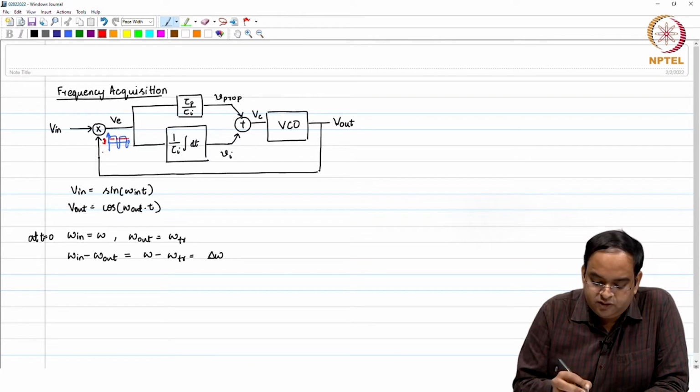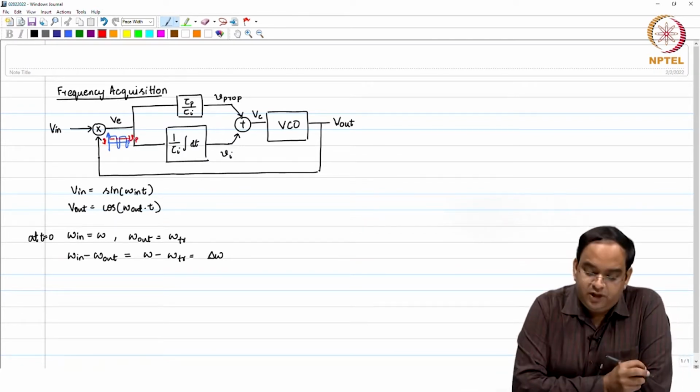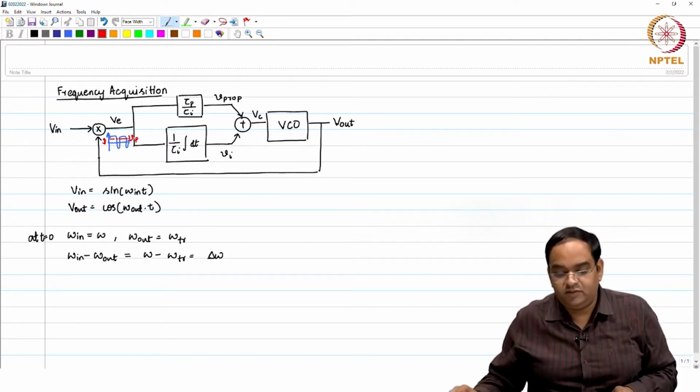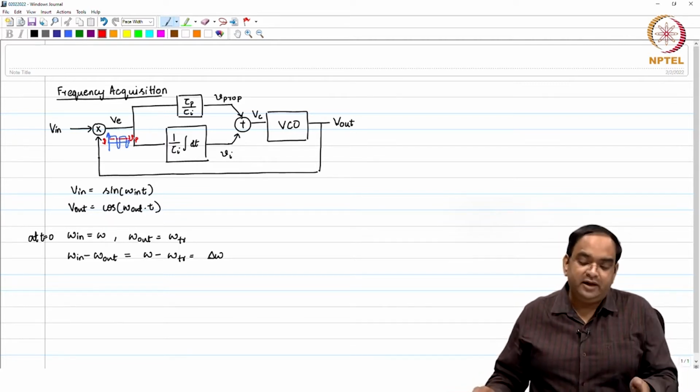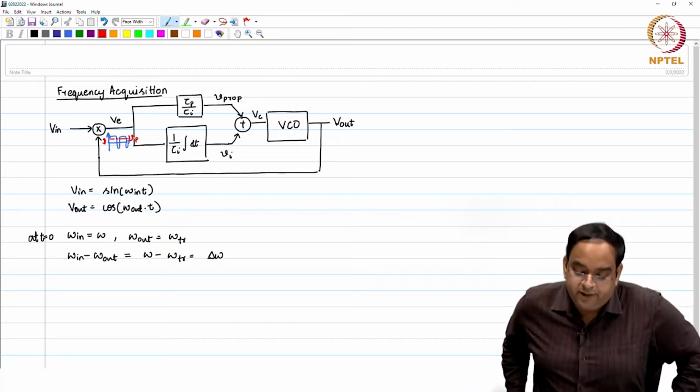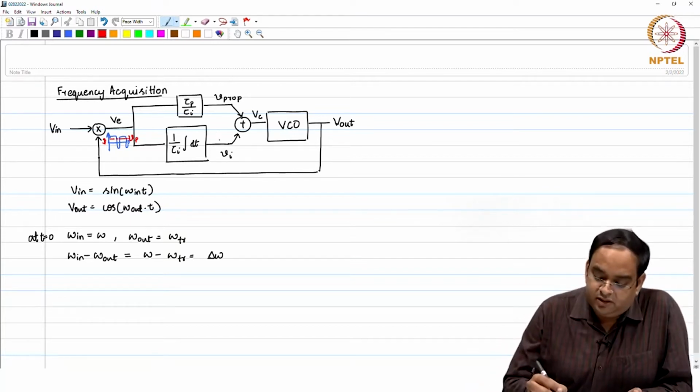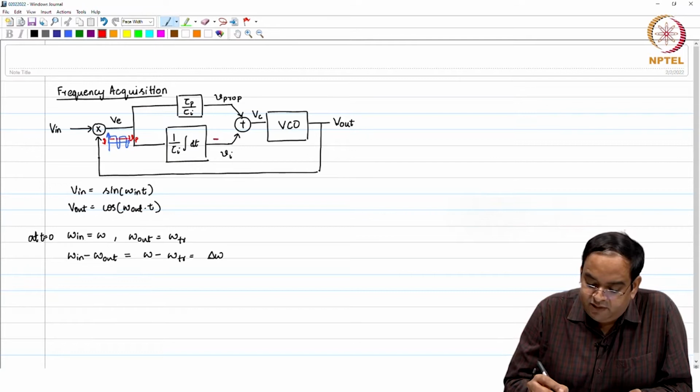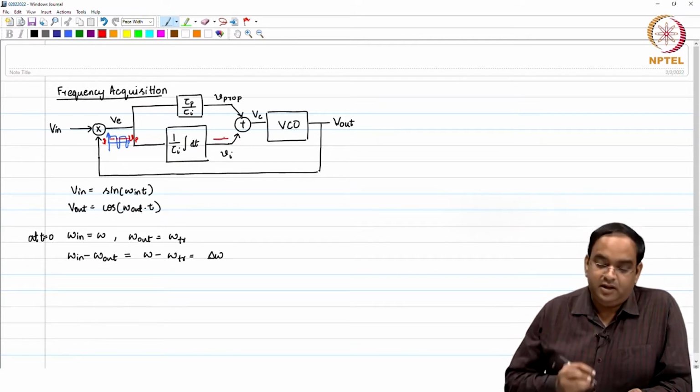This voltage was pull-in voltage Vp, and this DC part of that voltage was actually integrated by this integrator, and at the very end it develops a DC voltage here.